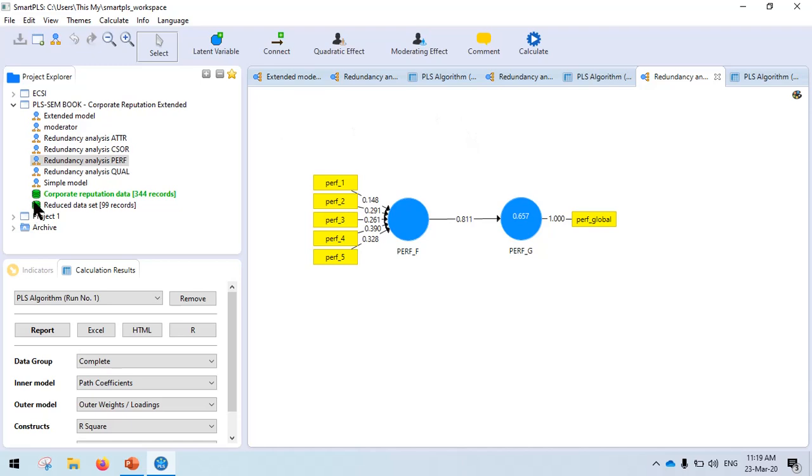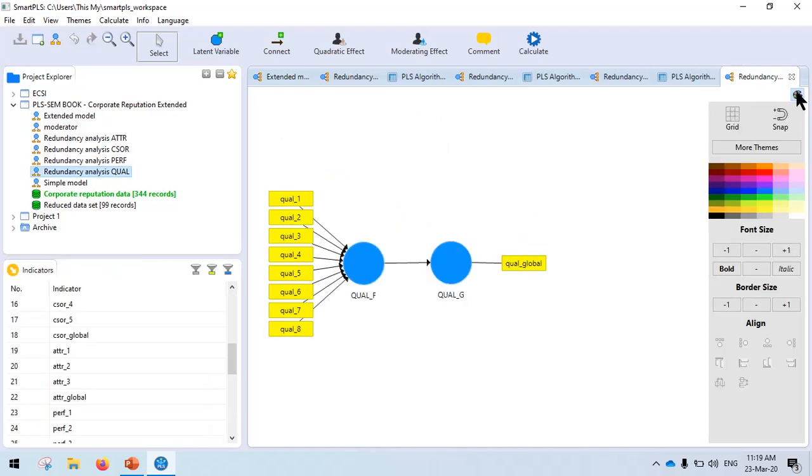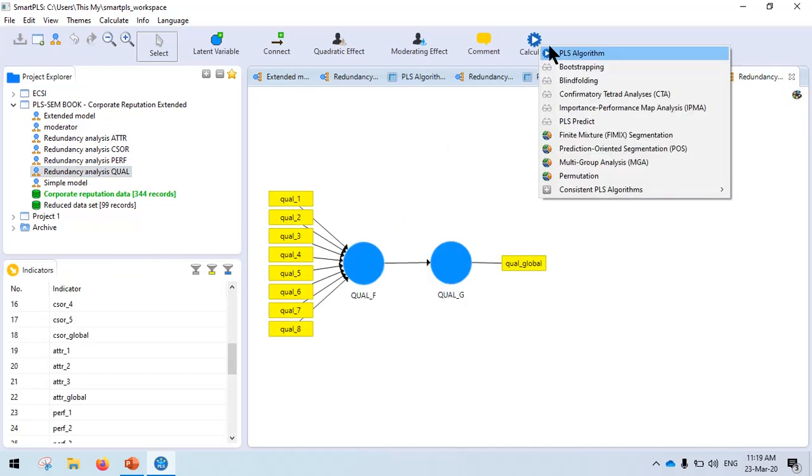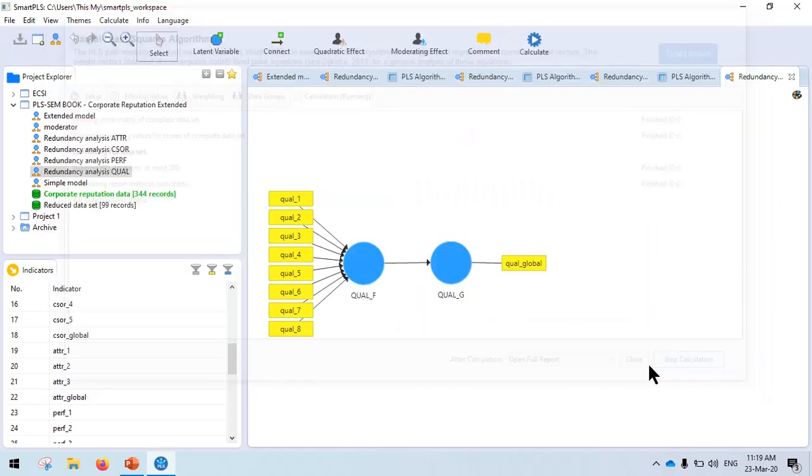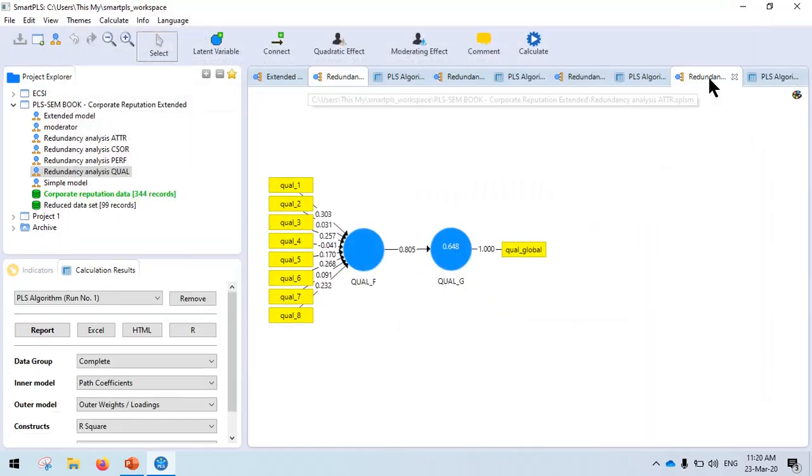And the last, quality. Calculate. Then here it is 0.805, again also above 0.7. So we can say that the analysis yields a path coefficient of all the constructs above 0.7.